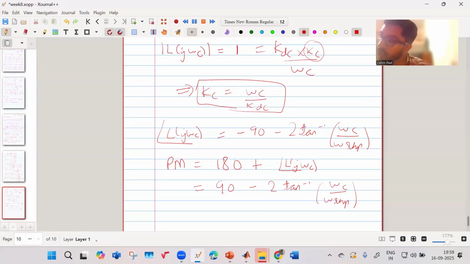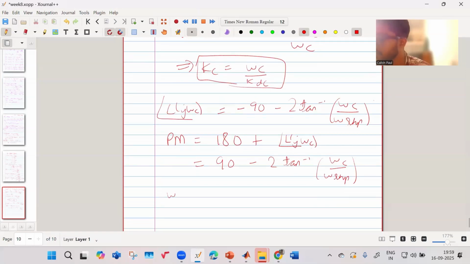Now, what would happen if your omega c is equal to omega RHP? What do you think will happen? 0. Very good. Your phase margin will be 0. What would happen if your omega c is omega RHP by root 3?